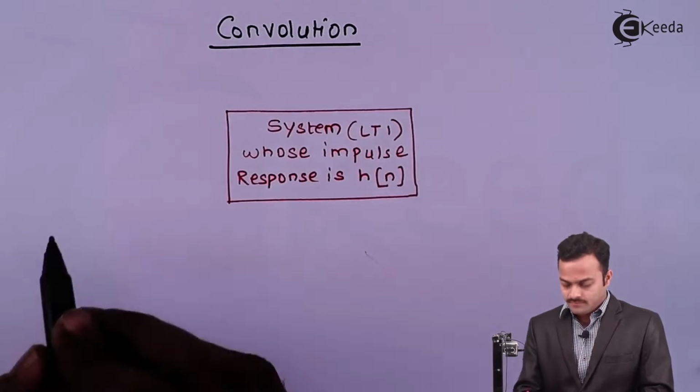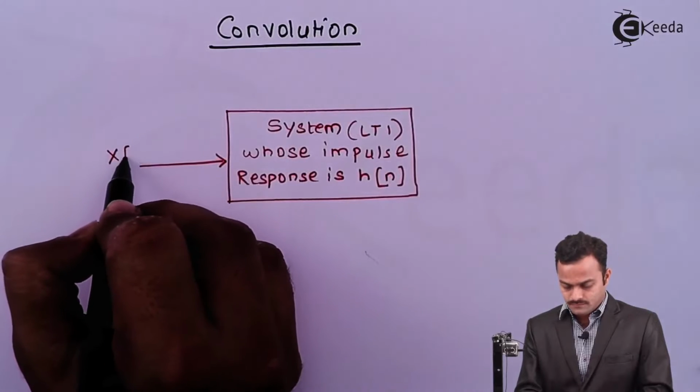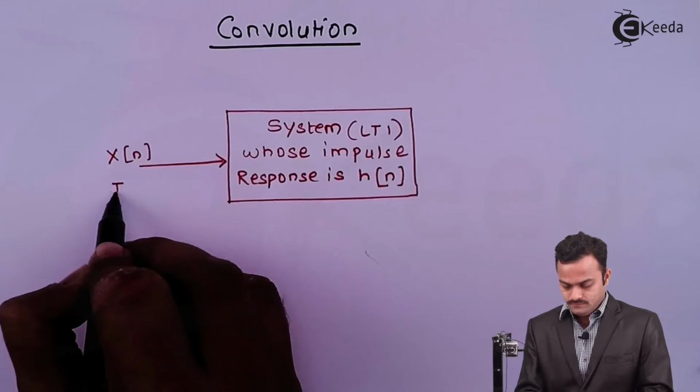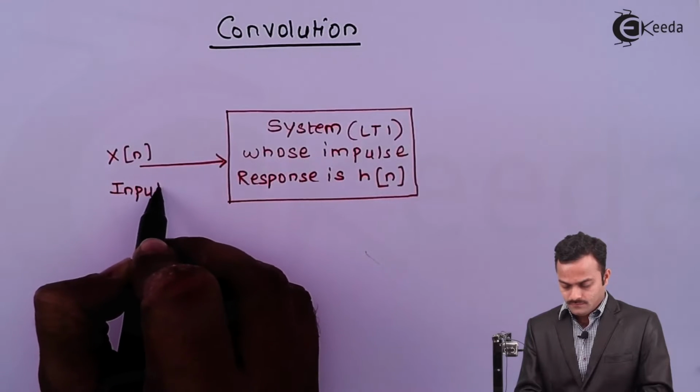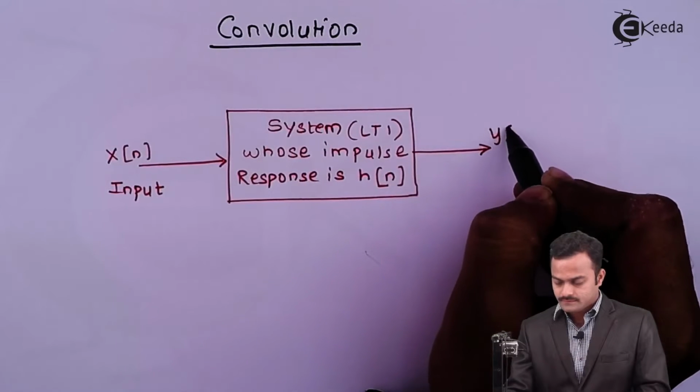So to this system, if I give the input x of n, I will get the output y of n.